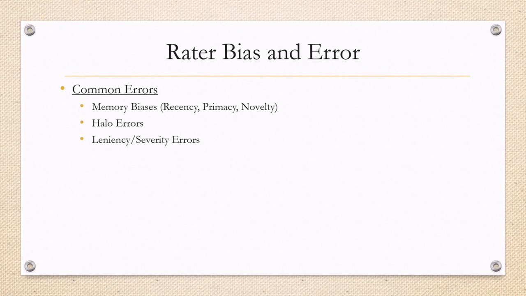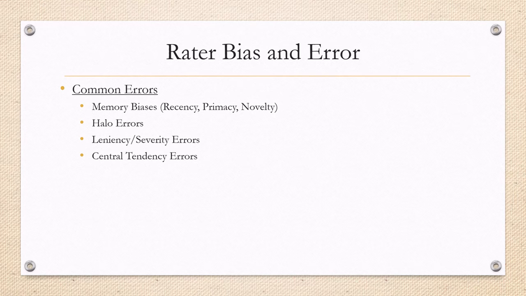Or maybe the person is more severe, feeling like they need to be somewhat critical in order to help employees improve their performance, or have the philosophy that no one is perfect.